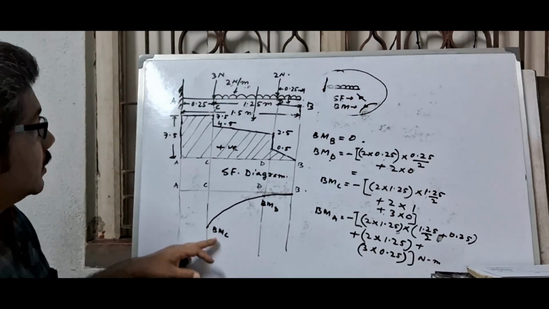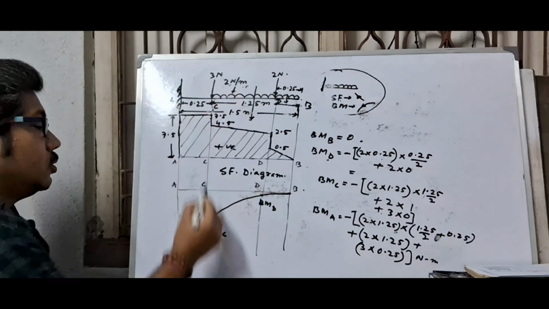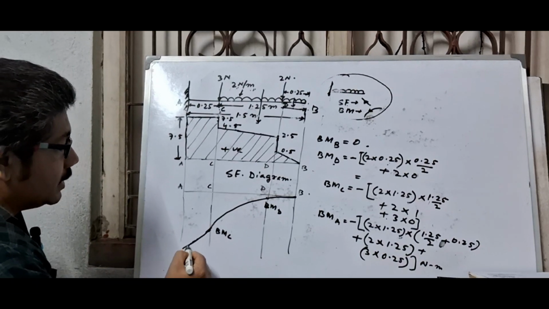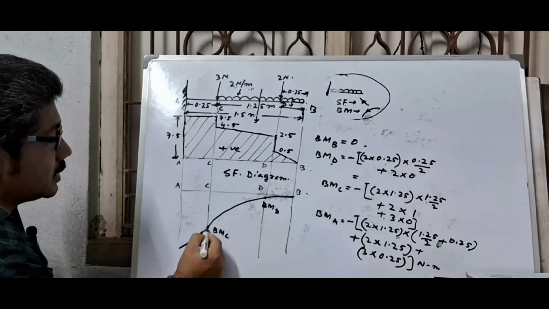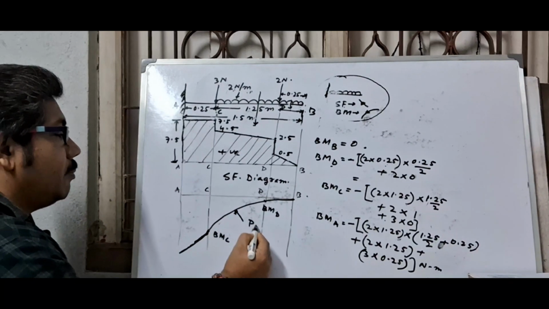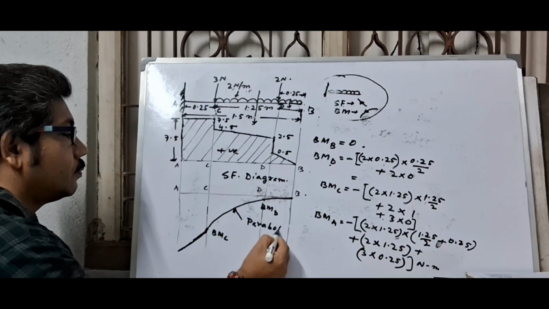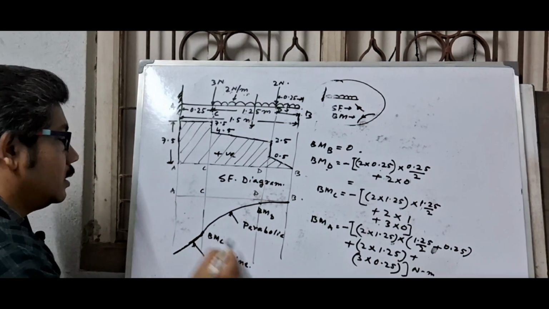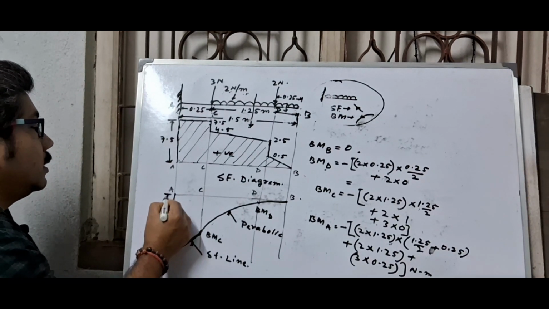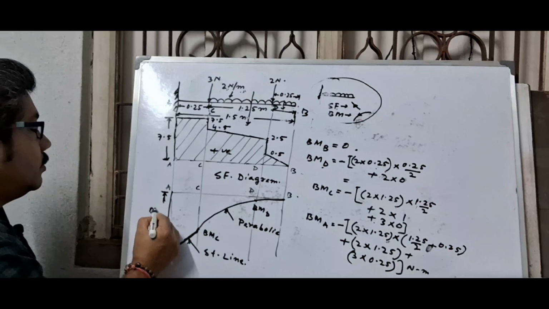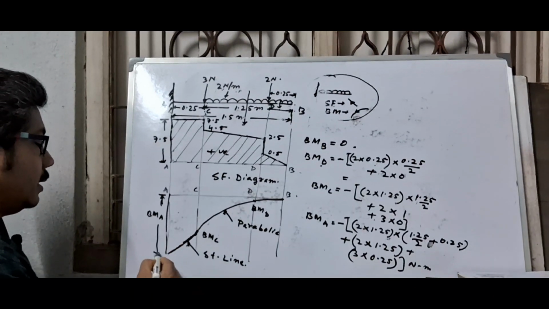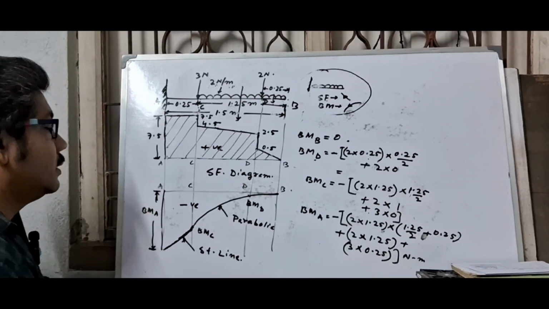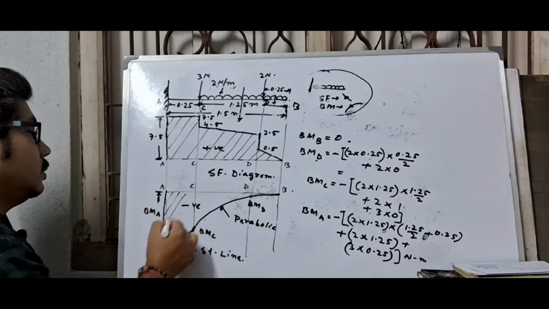This is BM suffix C, and at point C this is a point load, so from this it should be an inclined straight line, remember. So this is a parabolic curve, and this is a straight line, and here the value BM suffix A, this is negative, and draw the section line.